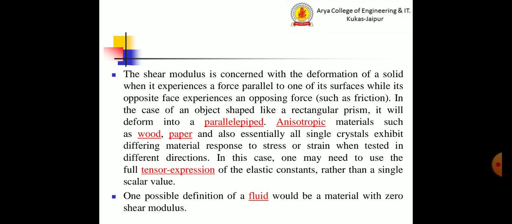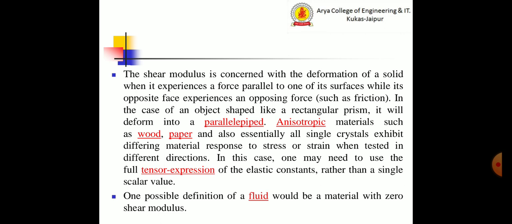The shear modulus is concerned with the deformation of a solid when it experiences a force parallel to one of its surfaces while its opposite face experiences an opposing force, such as friction. In the case of an object shaped like a rectangular prism, it will deform into a parallelepiped.